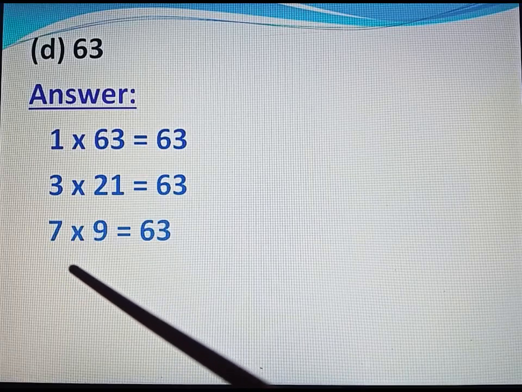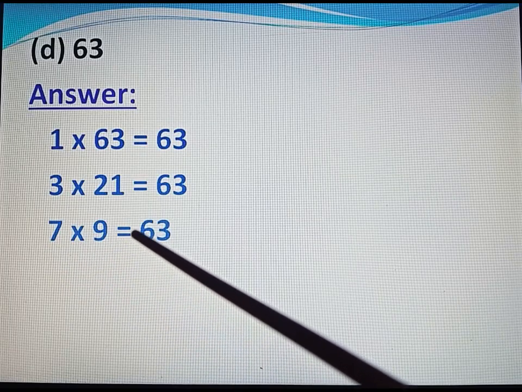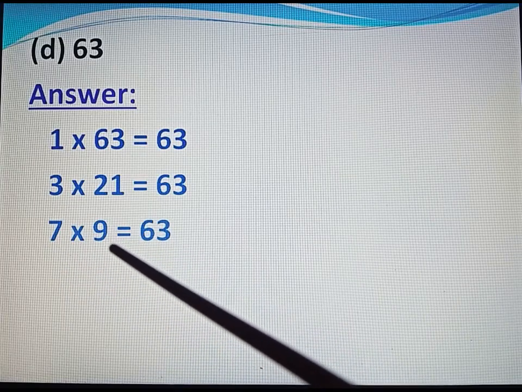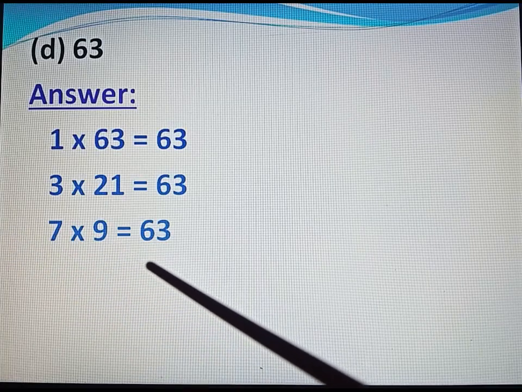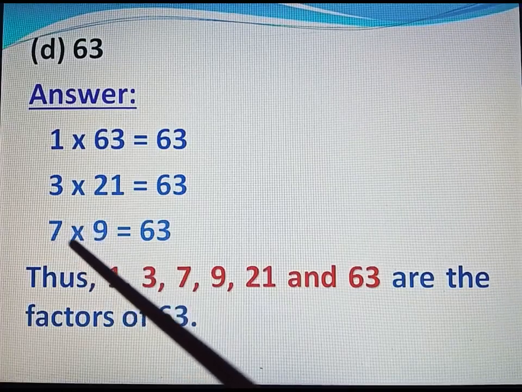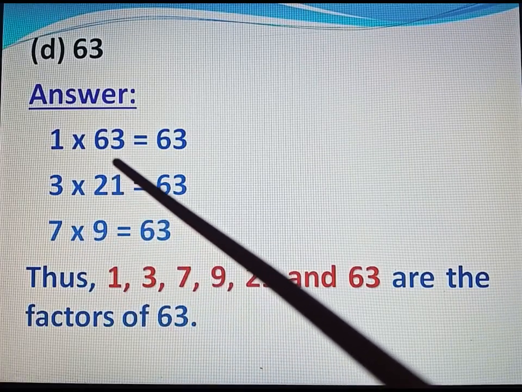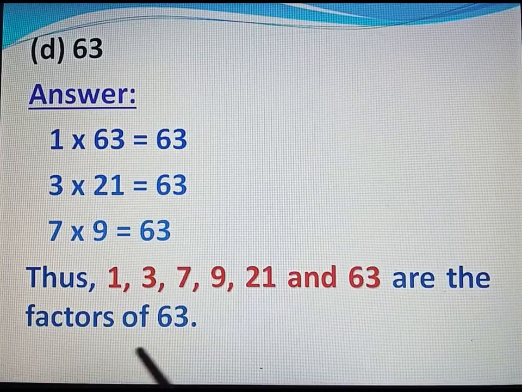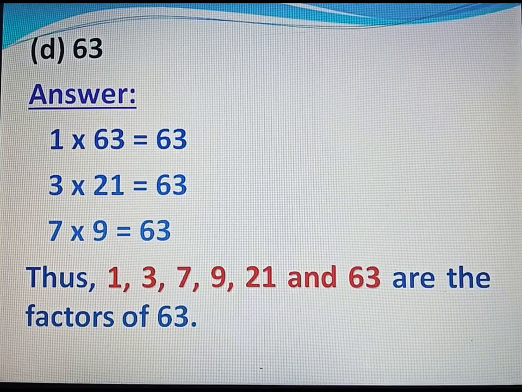Next, 7 multiply 9 equal 63, or 9 multiply 7 equal 63. Thus 1, 3, 7, 9, 21 and 63 are the factors of 63.